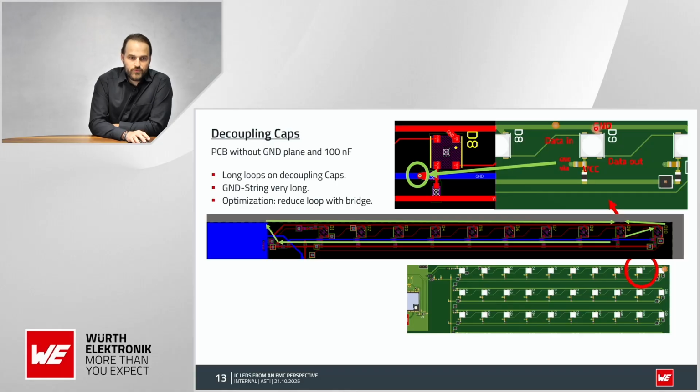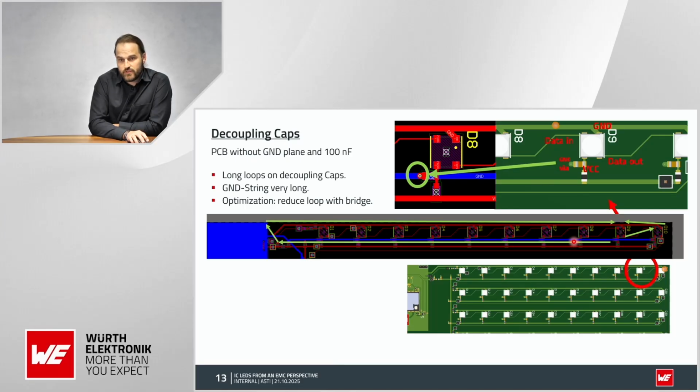Now, the first shot of the PCB had some, let's say, errors in the traces, because you can see here in blue a very long ground trace. On this very long ground trace, this decoupling cap is more or less connected with this via. On the other hand, we have a very long ground strip for the output of the IC LED.